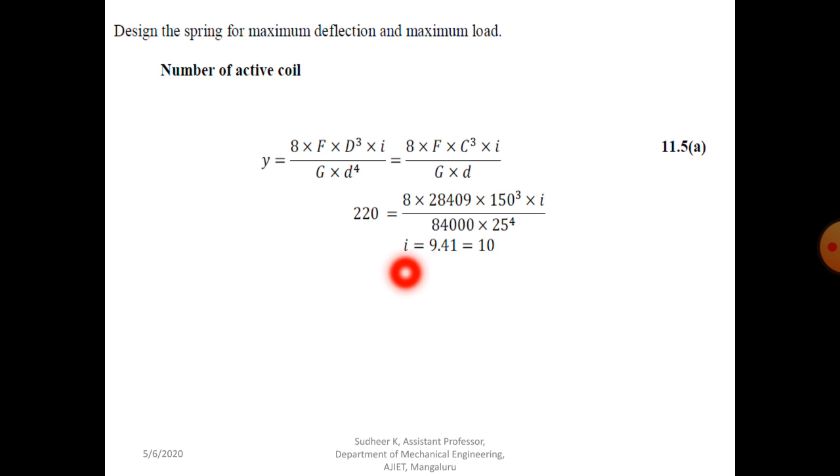They ask to find only the number of active coils, which can be calculated with the help of equation 11.5a. So you substitute 220 equal to 8 into 28,409 into 150 cube into i divided by 84,000 into 25 to the power 4. So you will get i as 9.41. You have to consider the next higher value, that is 10.